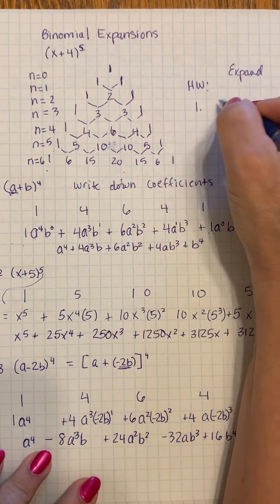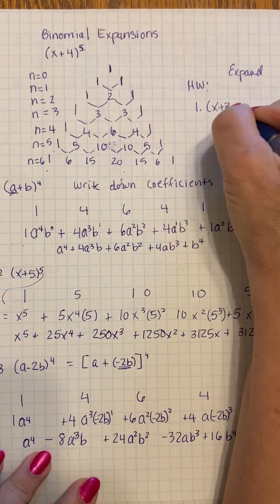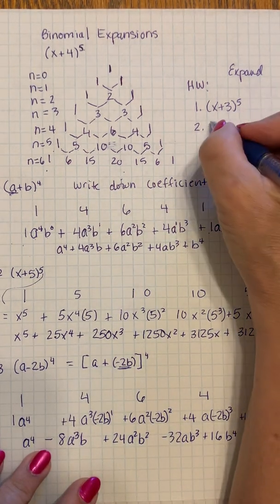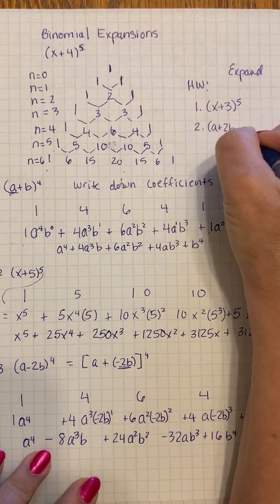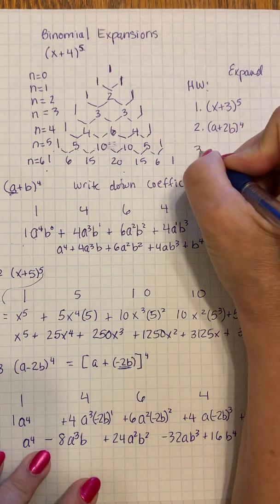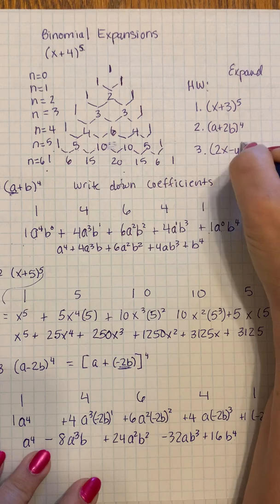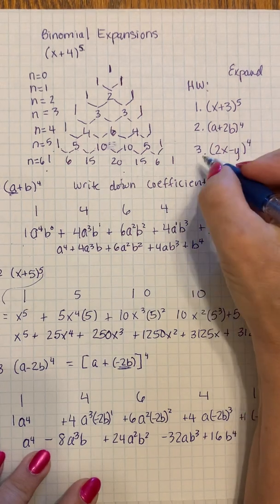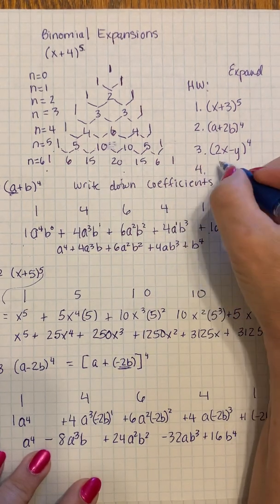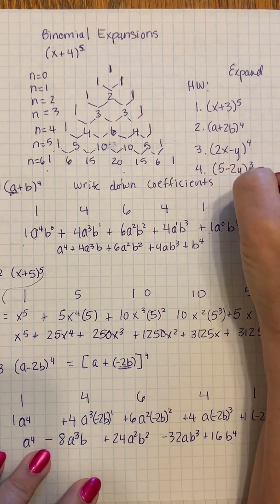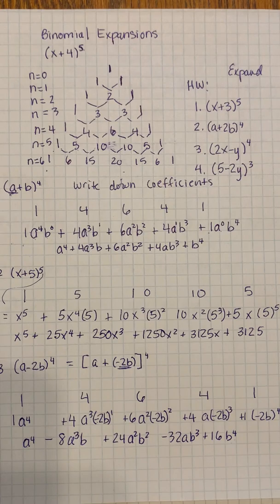The first one is x plus 3 to the 5th, a plus 2b to the fourth, 2x minus y to the fourth, and 5 minus 2y cubed. So that'll be your homework.